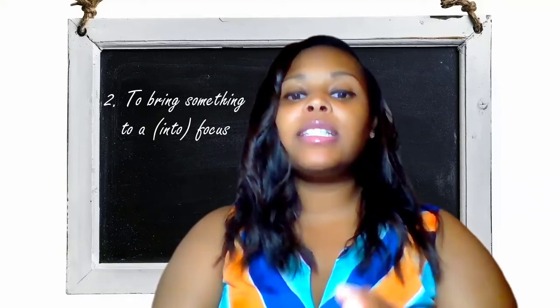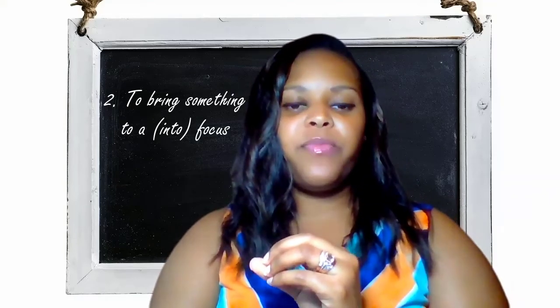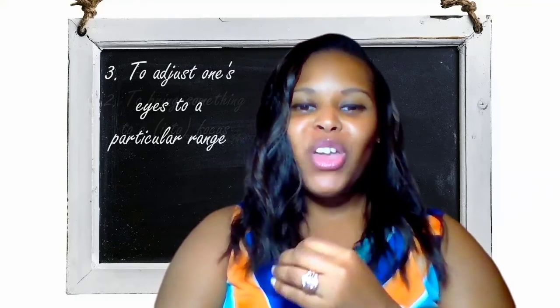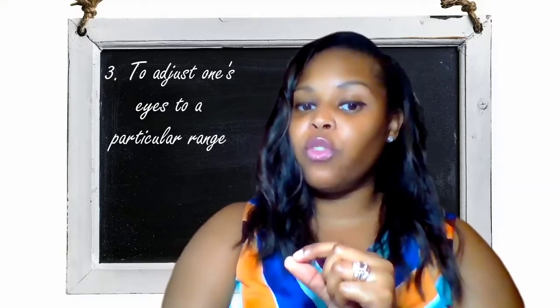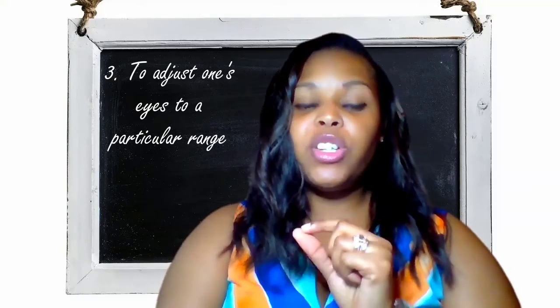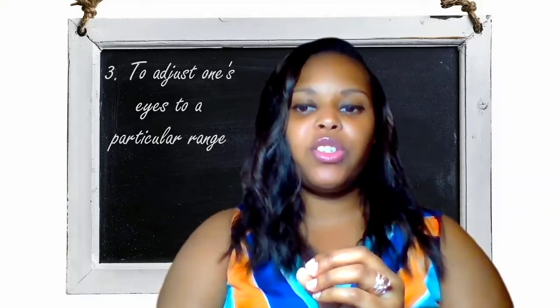To bring something to a focus, as in concentrate. All right. And number 3, to adjust one's eyes to a particular range. To adjust one's eyes to a particular range. All right, let's break these down a little bit.